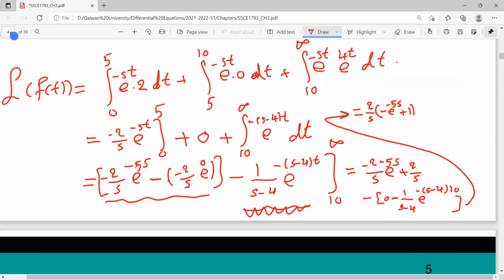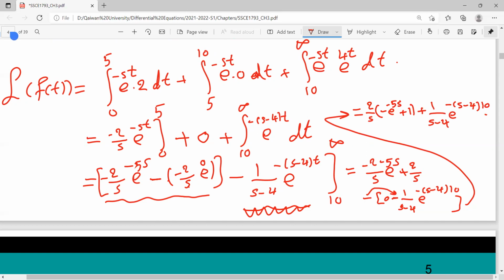And here, in the second part, we have a negative sign multiplying by negative is positive, plus 1 over s minus 4 e to the power minus s minus 4 times 10. This is the result.